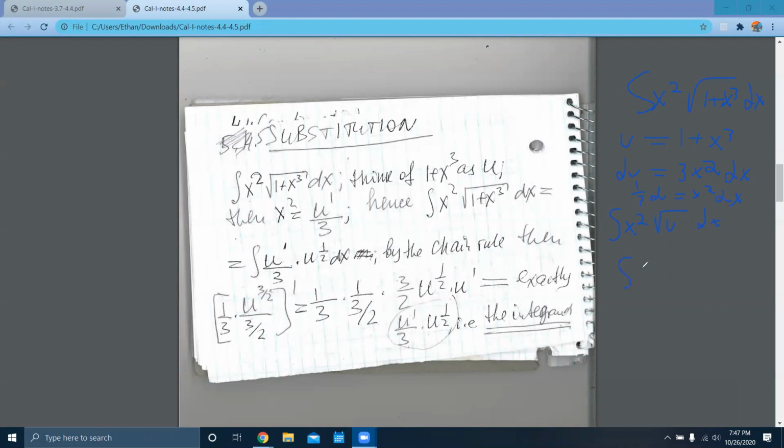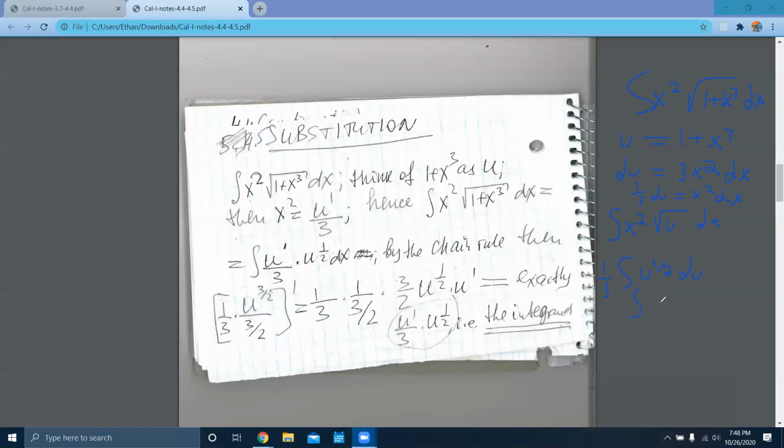When we sub it in, we have u to the 1/2. This is still the square root of u. I just changed it, du. By saying that 1/3, and see what I did? It's 1/3 du, moved it to the front because you can do that. We said that u is equal to 1 plus x cubed, which allowed us to put it under that square root. And then we said that 1/3 of du is equal to x squared dx, which allowed us to pull that out. Left with a simple function we can take the antiderivative of.